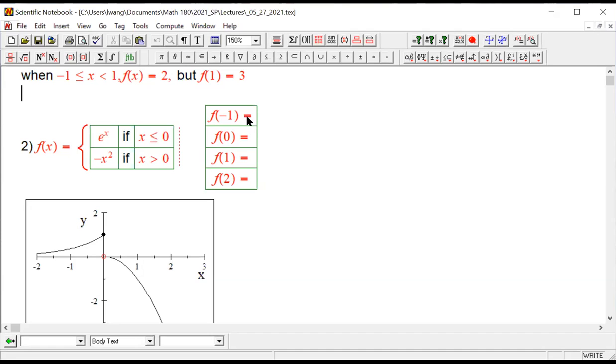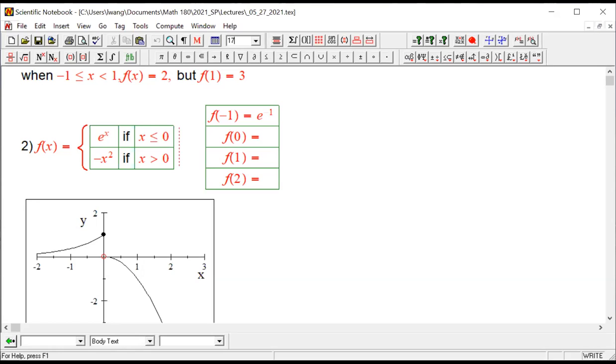So if you are evaluating f of -1, what do we do? Well, the input is -1. So which category will input equals -1 be in? This one, right? You're going to use the first rule, which is e to the power of -1.